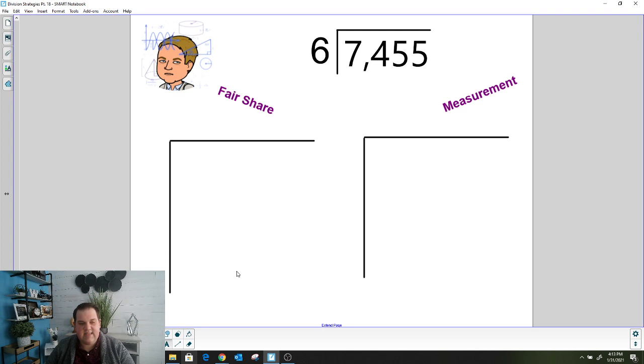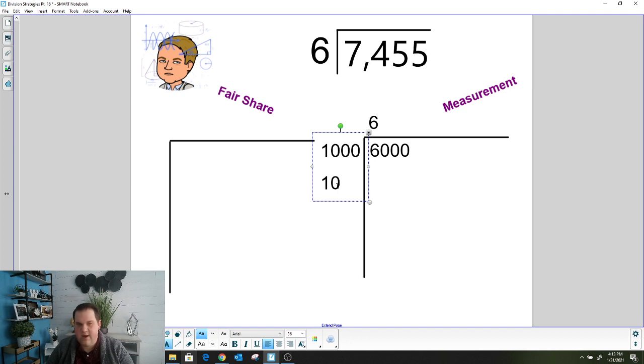Okay, let's check it together. So I know I'm doing measurement, so I need to put a 6, my divisor up here, and I'm going to take away groups of 6. So first I'm going to take away 1,000 groups of 6, and I know that is equal to 6,000. And next, I'm going to take away 100 groups of 6, which I know will get me to 600.